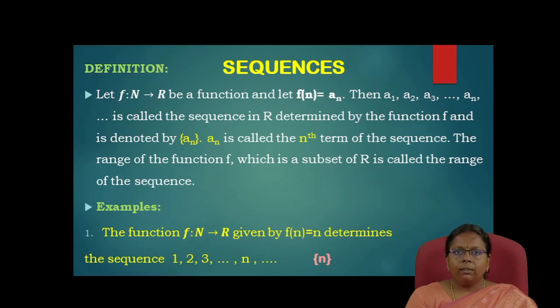So, we will see various examples related to the sequences. First, the function f from N to R given by f of n equal to n determines the sequence 1, 2, 3, etc. This will be denoted by n, with the set braces covering it.